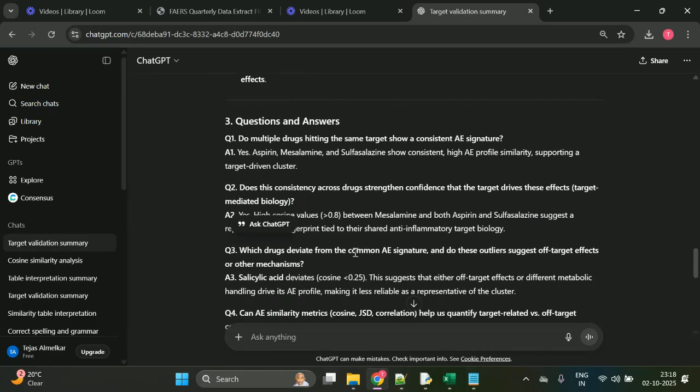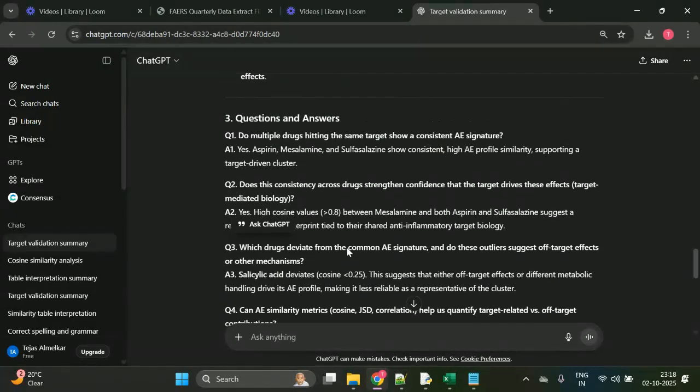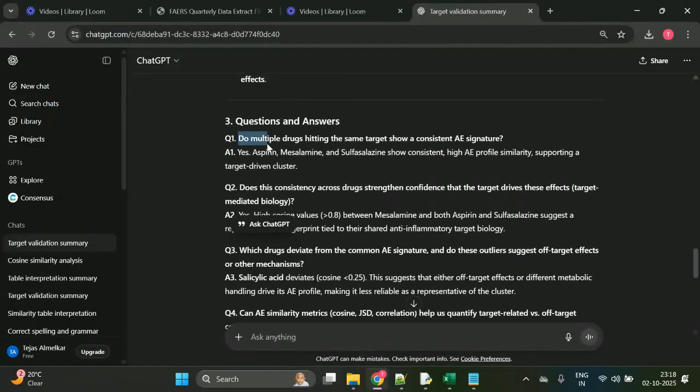Now we are going to get the answers to the questions that we had asked ourselves earlier in the demo. Do multiple drugs hitting the same target show a consistent AE signature? Yes. Aspirin, mesalamine, and sulfasalazine do show consistent and high AE profile similarity. The second question was, does this consistency across drugs strengthen our confidence that a target drives these effects?